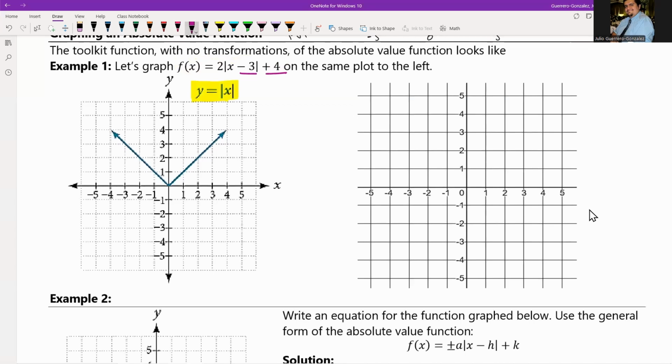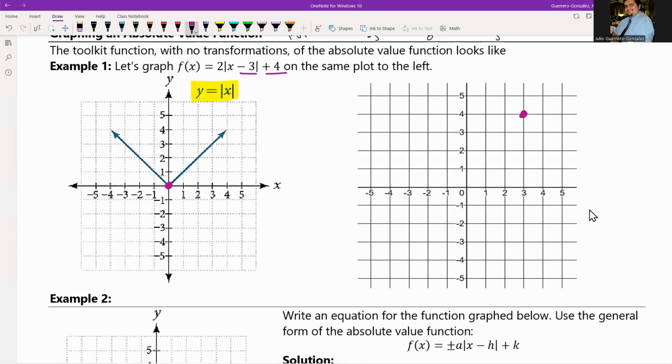The -3 meant we're going to move it toward the positives in the horizontal direction. And the +4, I'm going to move it vertically, according to the sign itself. So this point ends up moving 3 toward the positives and 4 in the positive direction upward. So 1, 2, 3, 1, 2, 3, 4, right there.